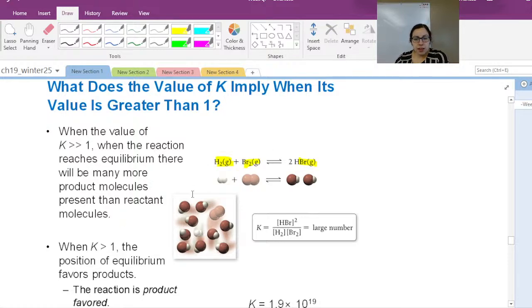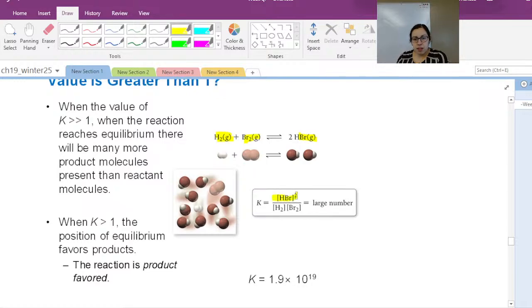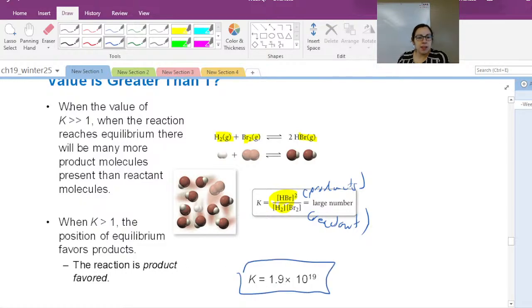And you can set this up visually, just products over reactants. You don't even really need to write the whole expression. Just products, reactants, and then look at this K value. So it's telling us it's much, much greater than 1, but they weren't kidding, right? 1.9 times 10 to the 19th.